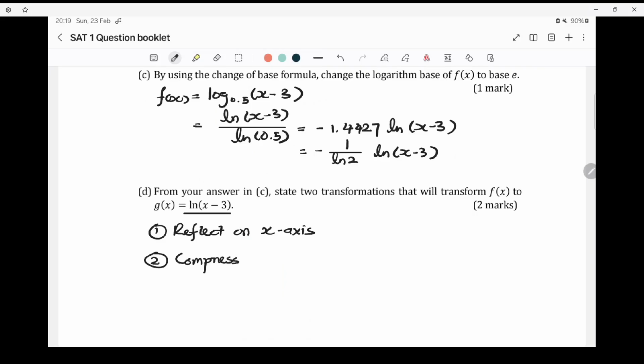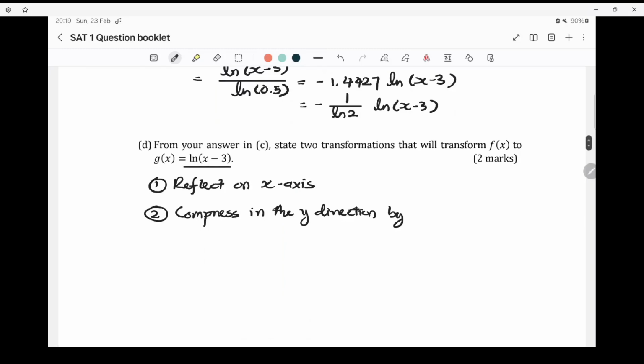So the compression factor is compression in the y direction by a factor of ln 2. Essentially you need to compress by a factor of 1 over 1.4427, which is 1 over ln 2. That's why the compression factor is ln 2.